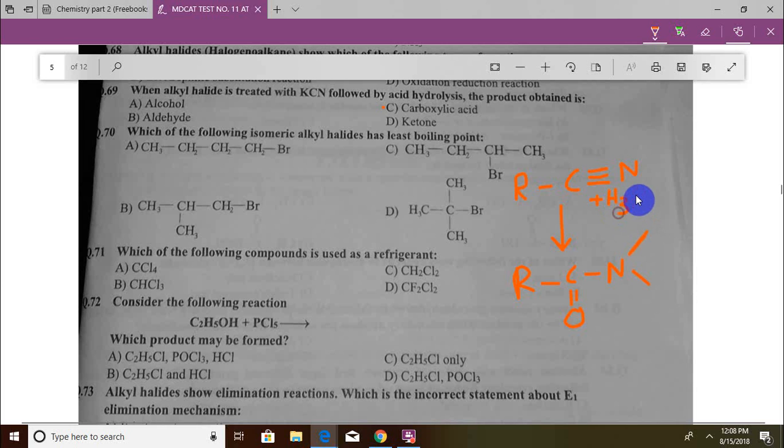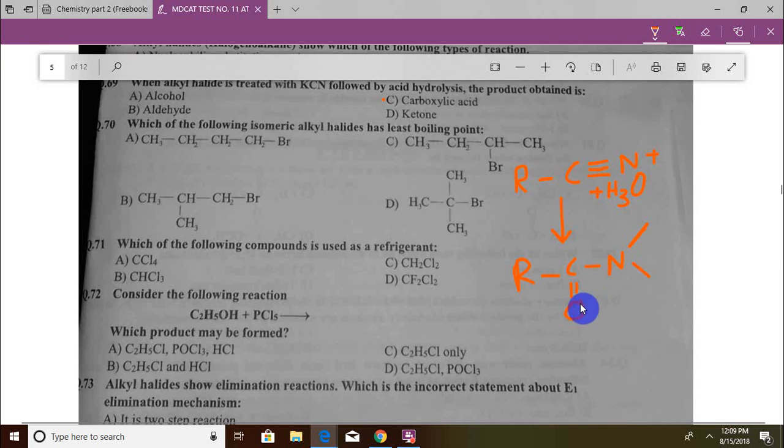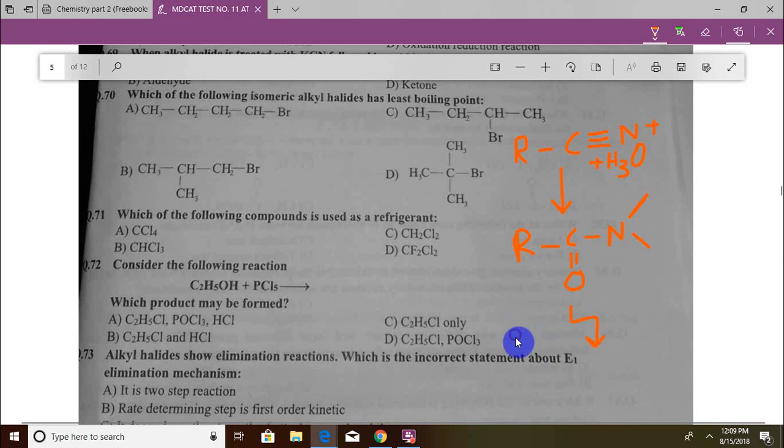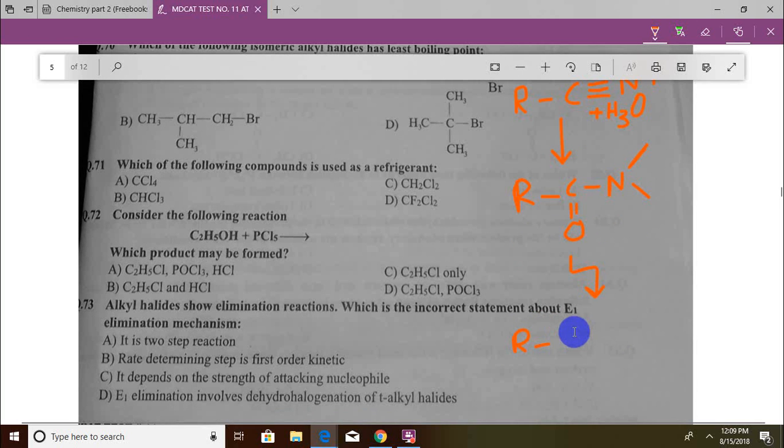H3O plus. So what happens is that we get one of the O's and we get one of the H's. In the next step, we get effectively another O from one of the H2O's. So another H2O effectively comes to the rescue.